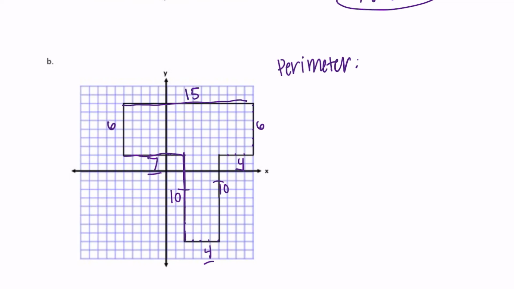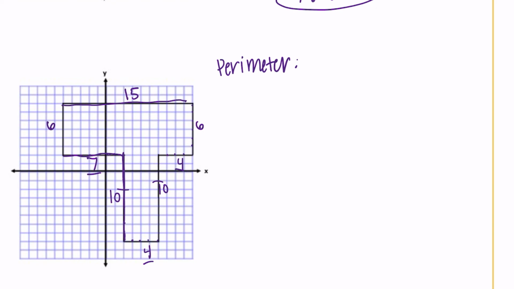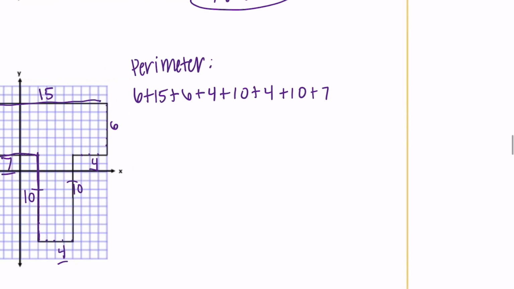So let's add all of those units together. So we'd have 6 plus 15 plus 6 plus 4 plus 10 plus 4 plus 10 plus 7. I'm going to just add them in groups. So 6 plus 15 would be 21. 6 plus 4 would be 10. Plus 10 plus 4 is 14.